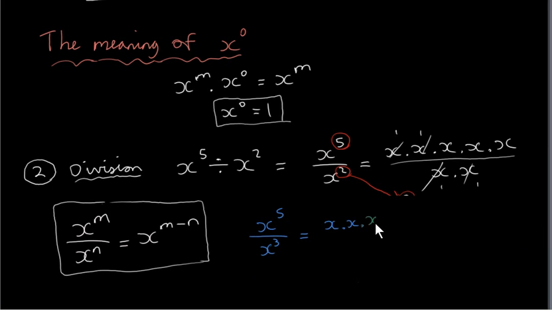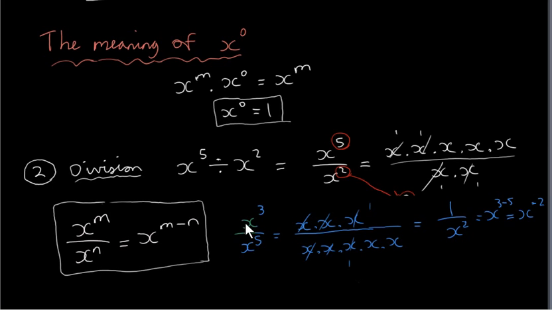X to the power of 5 is x times x times x times x times x divided by x cubed. And we're left with just x times x, which is x squared. Actually, this one is not a problem. What I should have done is put x to the power of 3 over x to the power of 5.